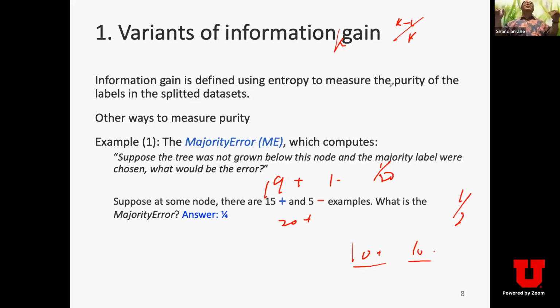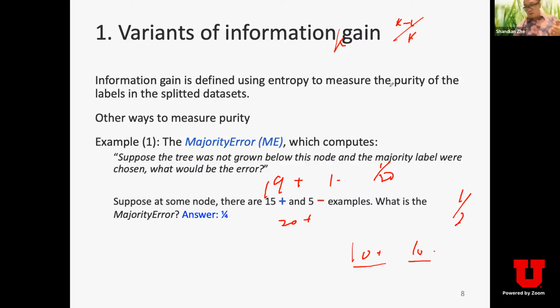So you can see that it can also be viewed as a measurement of the label purity. It's similar to entropy. The larger the majority error, the smaller the label purity. On the other hand, the smaller the majority error, the better the purity. So if you want to measure the purity improvement after using an attribute to split a data set, we can look at the reduction of the majority error as well.